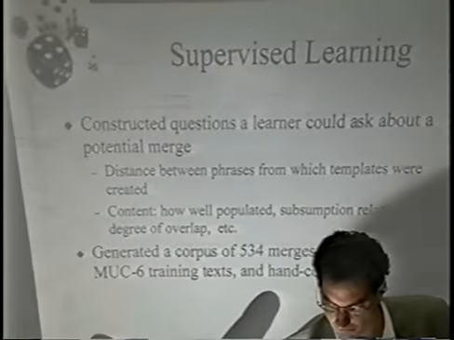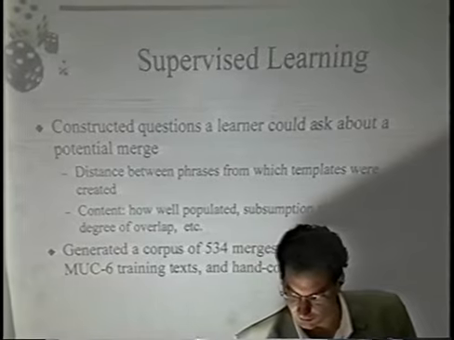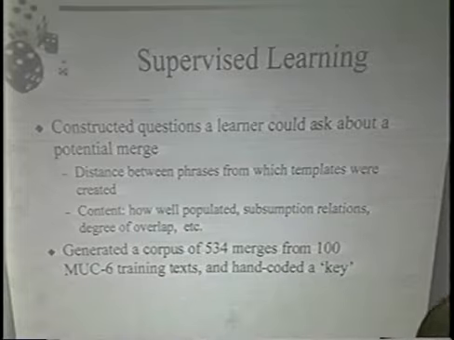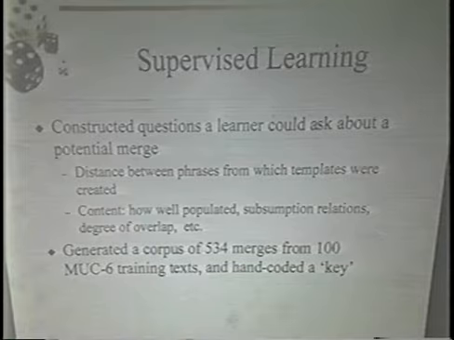So I'm doing some preliminary experiments here. I constructed some feature sets, some questions that a learning algorithm could ask about the templates in trying to decide whether it's a good idea to merge them or not. And out of necessity, these are pretty crude features.